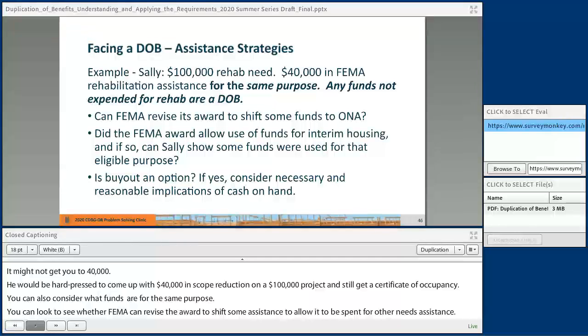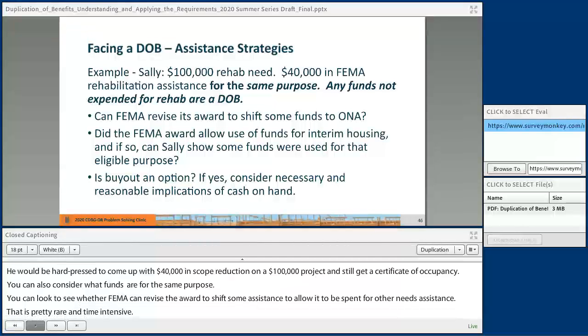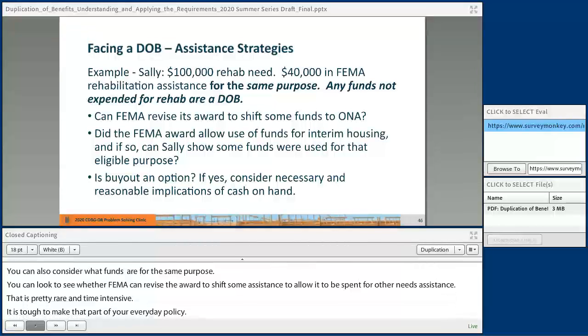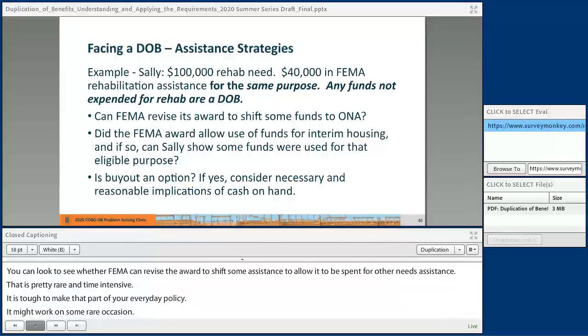You can also look at the FEMA award itself to see whether FEMA allowed some other eligible use of the funds, such as interim housing, and whether Sally can show that she used some of those FEMA funds for that purpose that was also FEMA eligible. If that's the case, you can exclude. And then ultimately, you can look at whether buyout is an option for Sally.